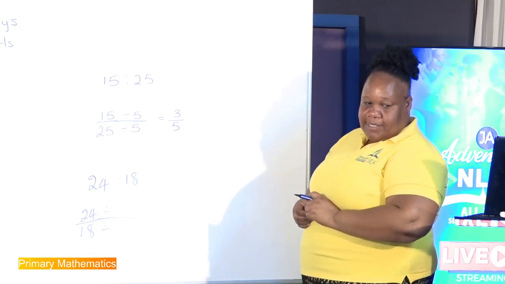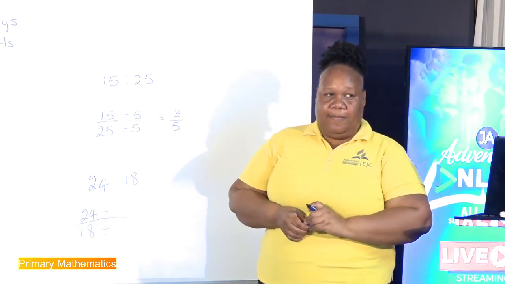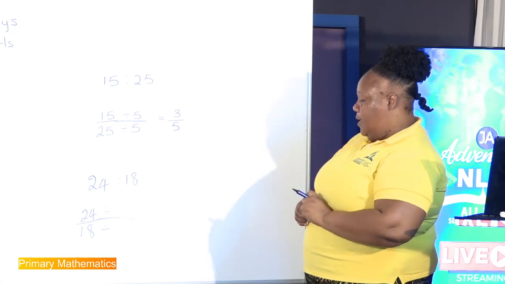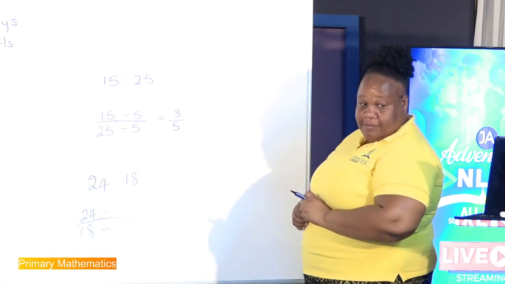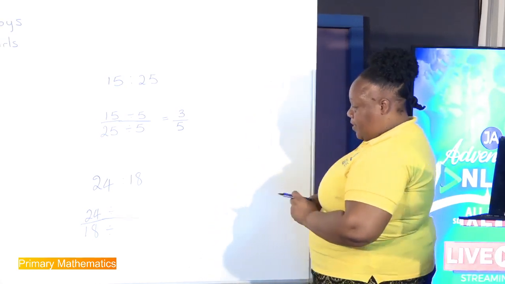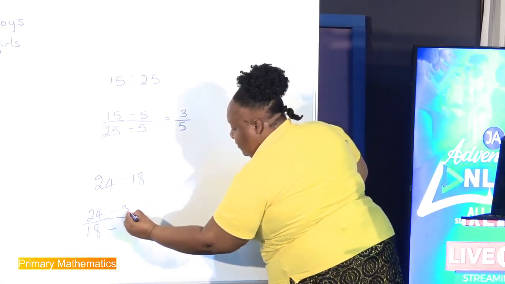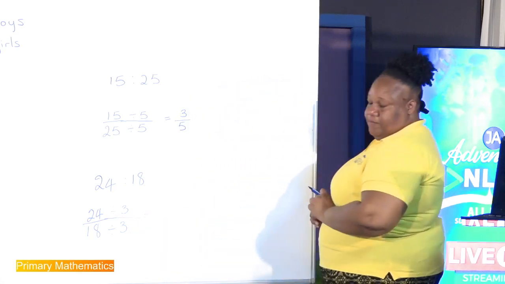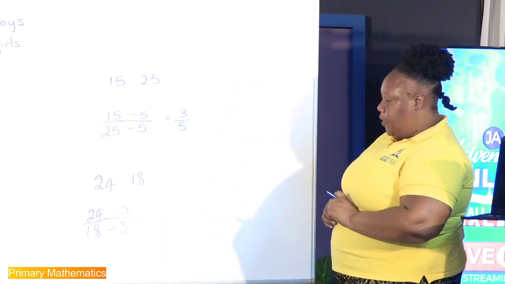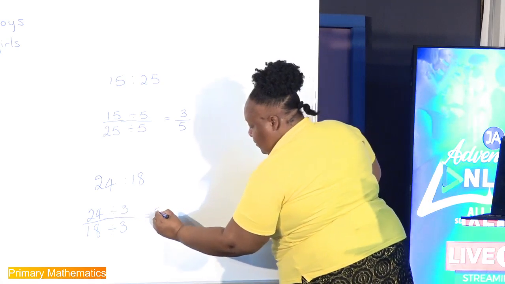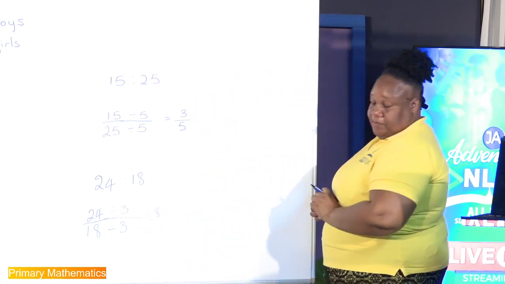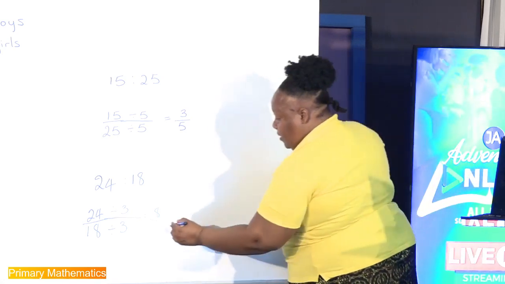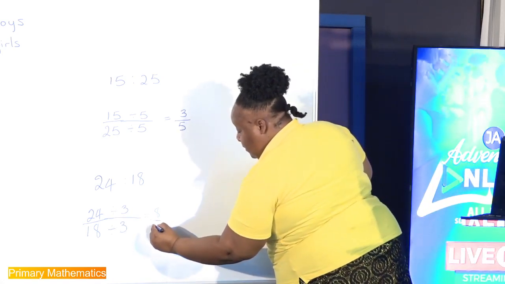What's the HCF? Okay. 3. 3 is our highest common factor. 3 into 24 goes 8 times. And 3 into 18 goes 6 times.